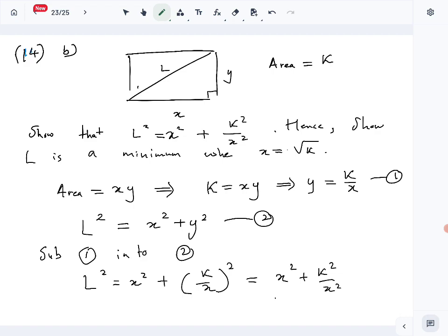Then we want to find the x value that minimizes capital L. So that is going to be a minimum, local minimum. So we have to differentiate this function we found here.